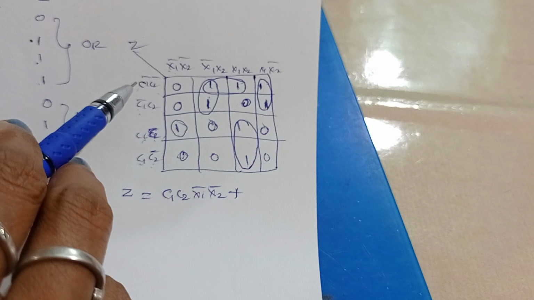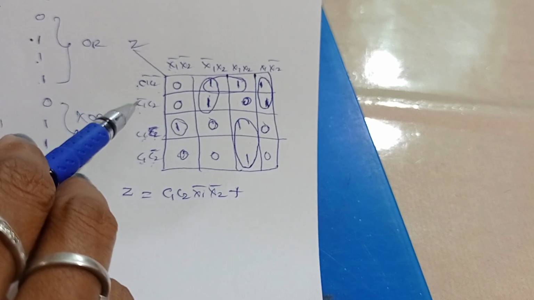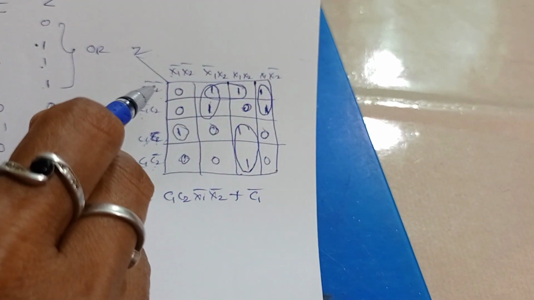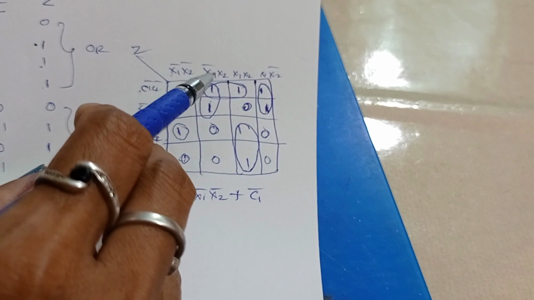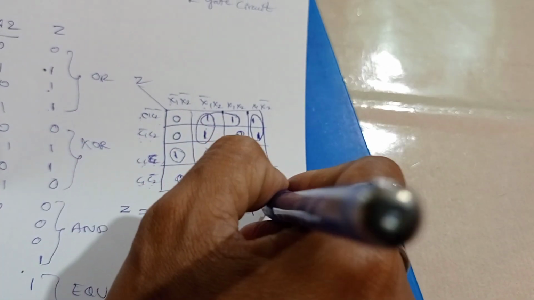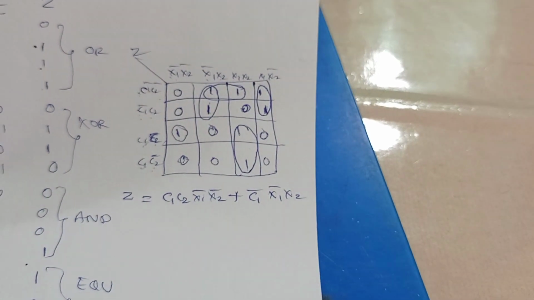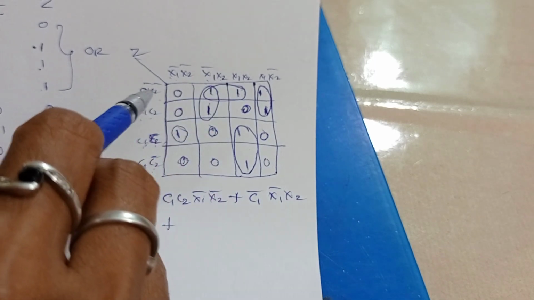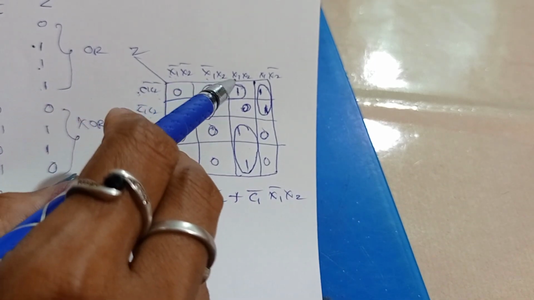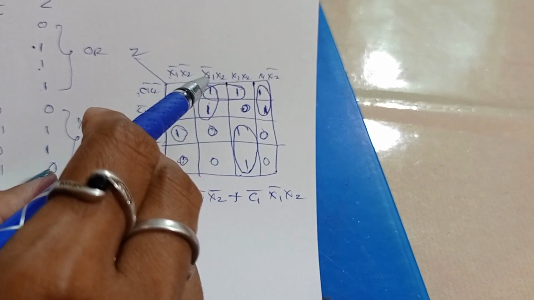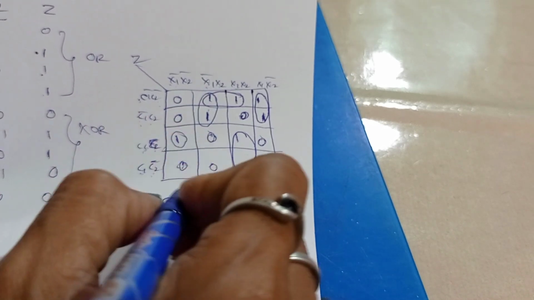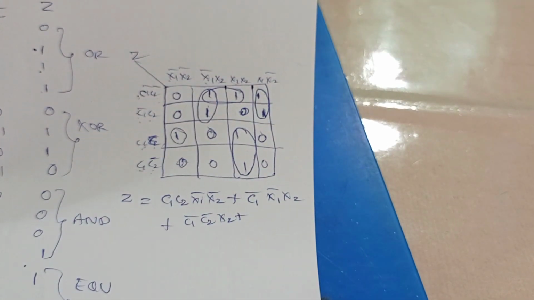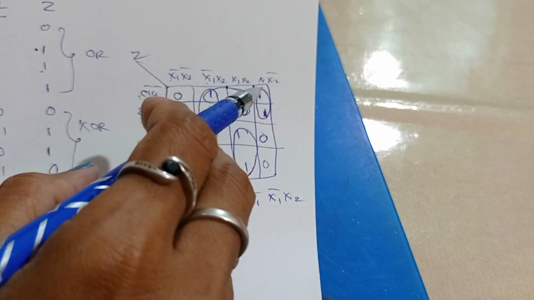from this pair, C1 bar is the same, C2 bar is changing. So C1 bar is constant and C2 is eliminated. And here X1 bar, X2, the same as it is. Plus from this pair, C1 bar and C2 bar are constant, and here X2 is constant, X1 is changing. So C1 bar, C2 bar, X2, plus this pair.